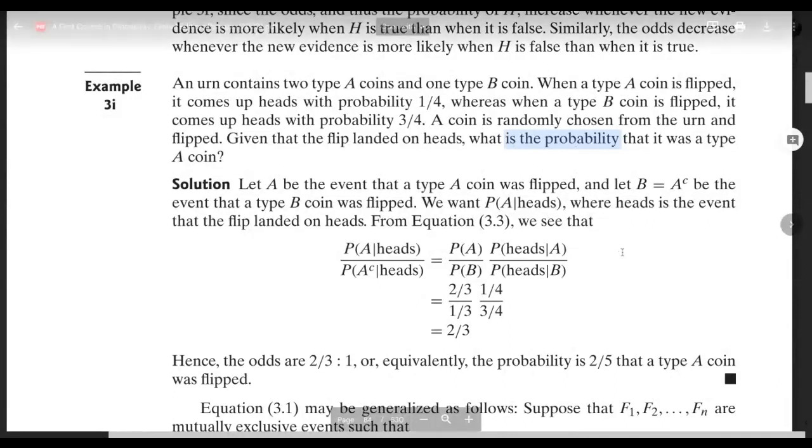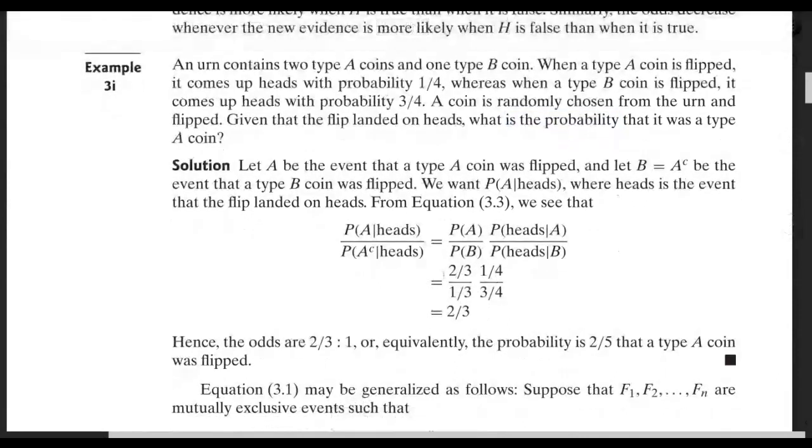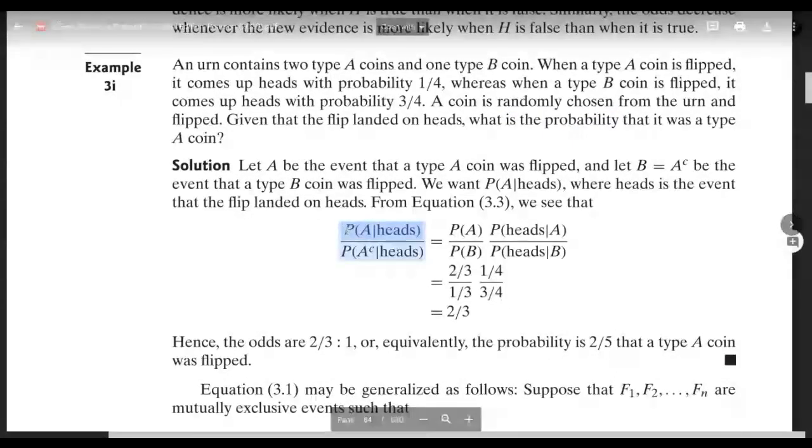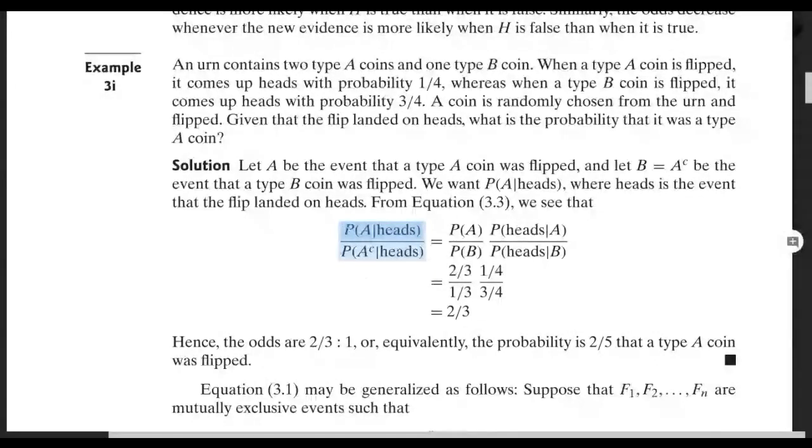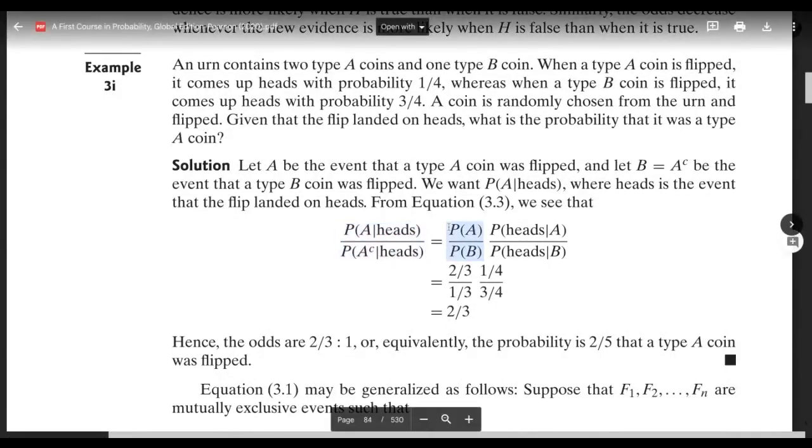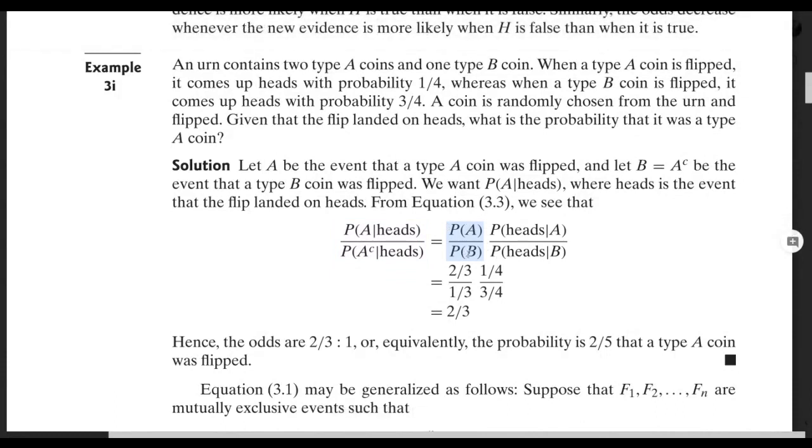So what is the probability? What are the odds of that happening? So basically the probability of heads and an A coin, and the denominator is heads and a B coin. So using that, it's the probability of A divided by the probability of B, times the probability of heads given A, which is flipping an A coin and it landing on heads, divided by the probability of heads given B, flipping a B coin and it landing on heads.